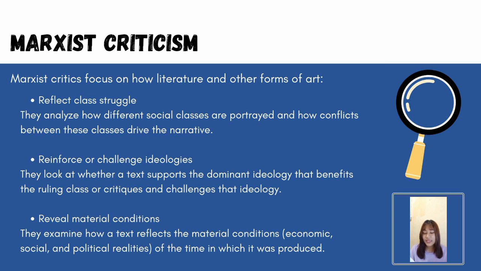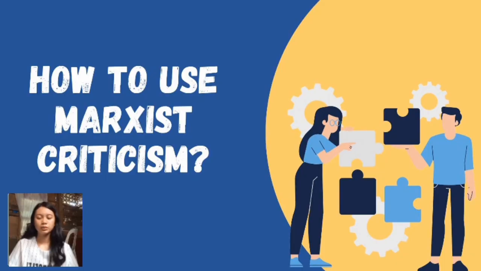So Marxist criticism uses these three approaches to uncover how literature and art reflect, reinforce, or challenge the underlying socio-economic realities and ideologies of their time. So it provides how texts are shaped by and contribute to the broader struggles over power, wealth, and class in society. How to use Marxist criticism.